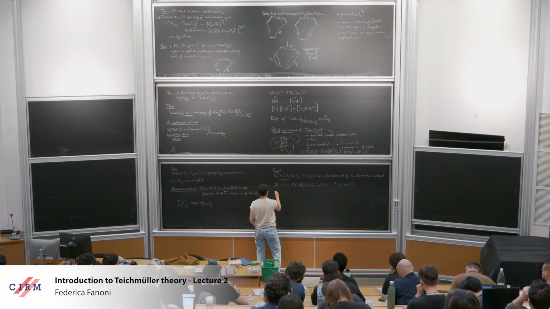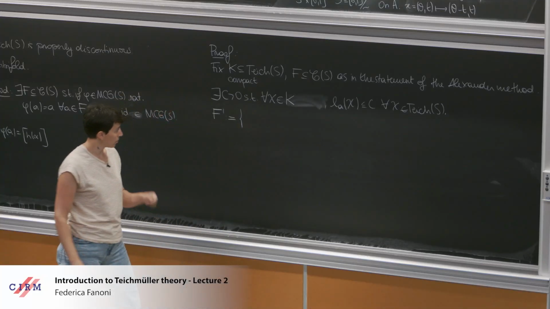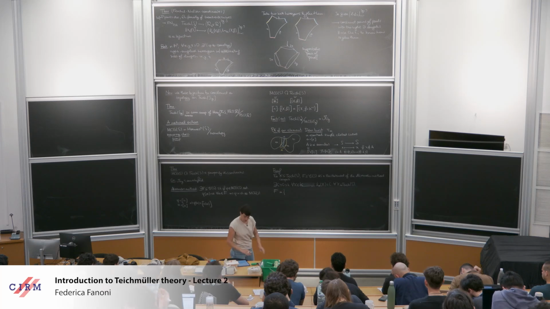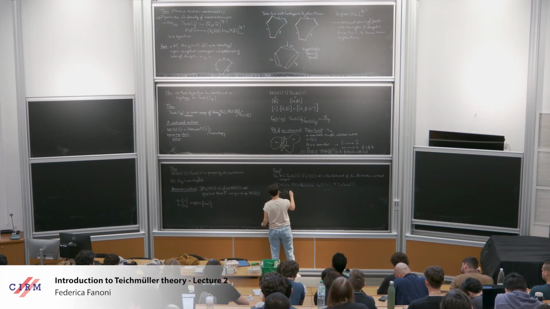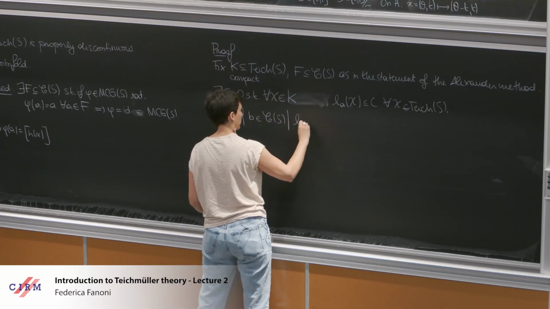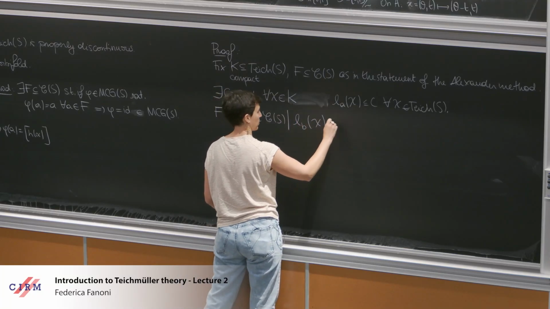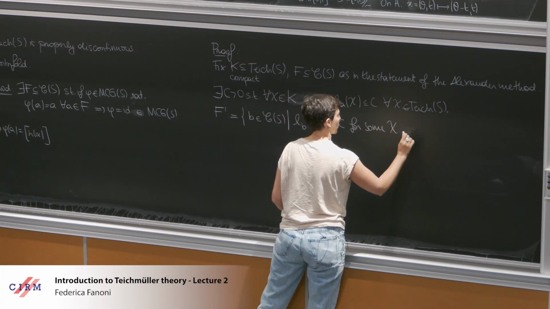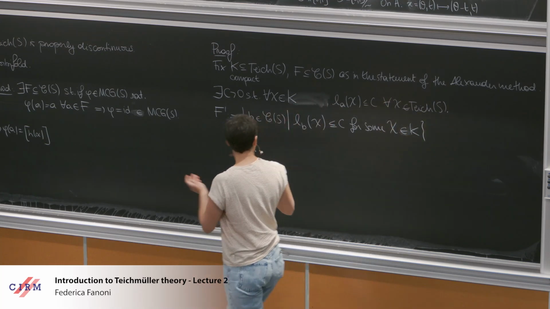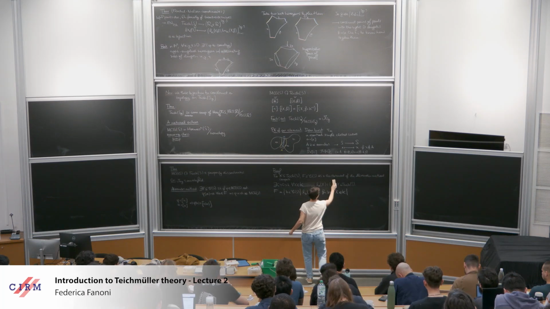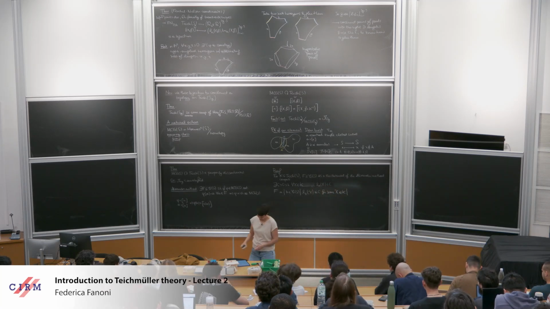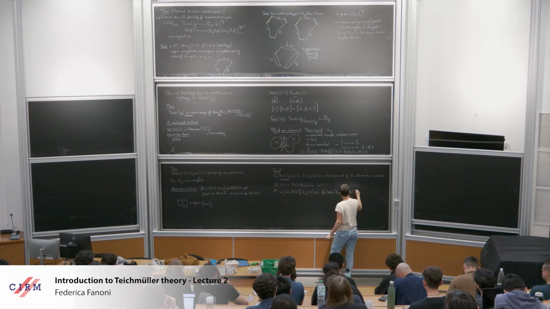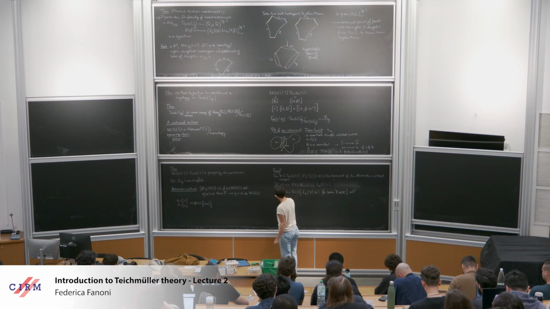And now we look at F prime, which is the set of all curves that have length at most c for some element in K. Okay, so this is a set that certainly contains F. And what one can show is that this is finite.